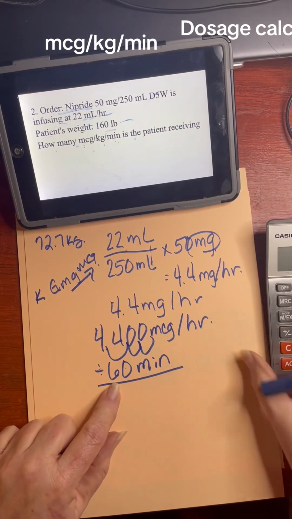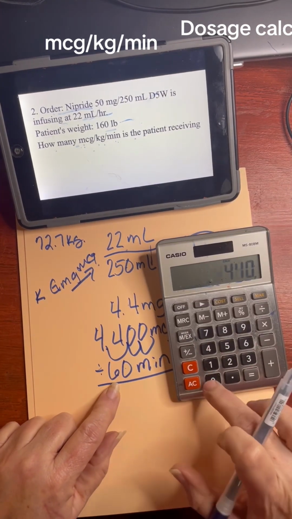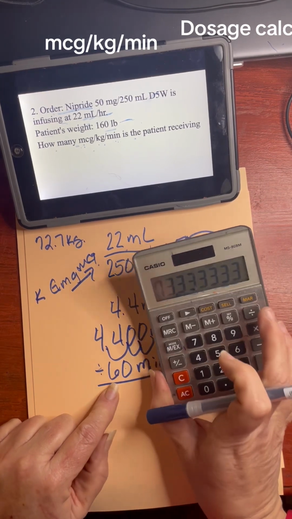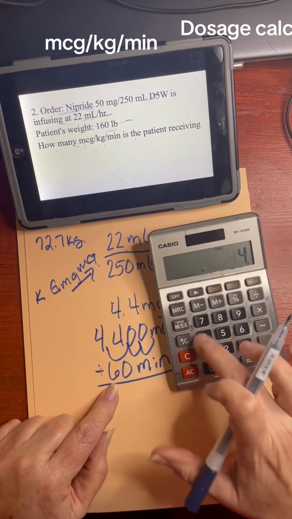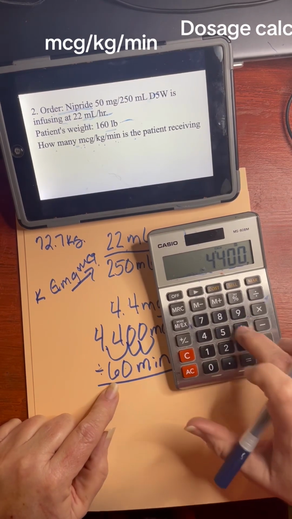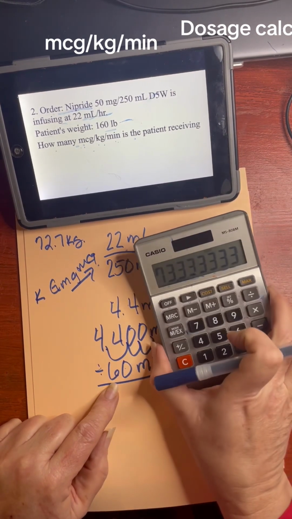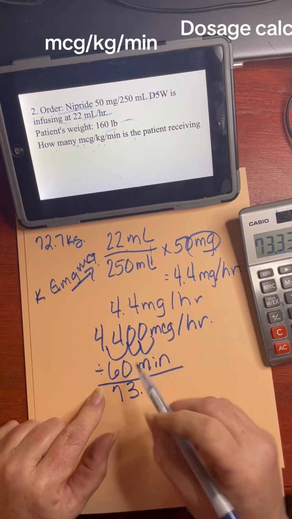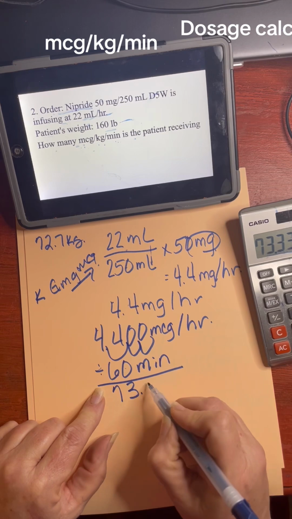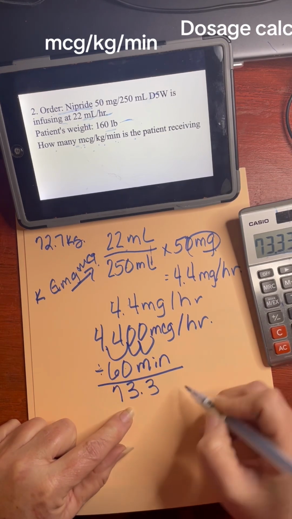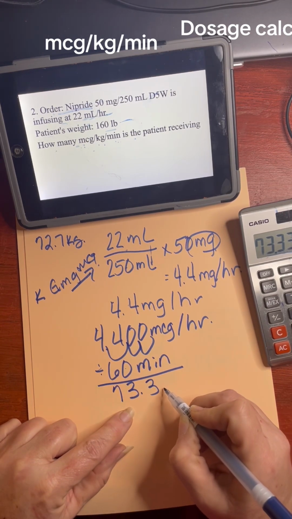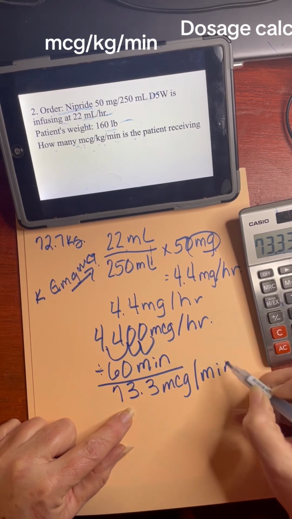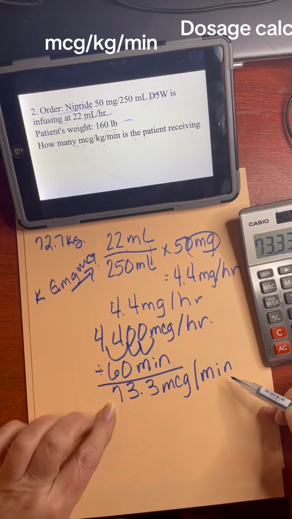We have to find out what that is. 4,400 divided by 60 equals 73.3333 micrograms per minute. You see that? I hope you see it. Lord, let them see it.